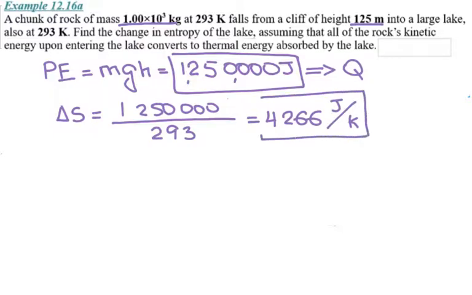So this is by how much the entropy of the lake is going to increase. It also shows how even simple mechanical processes can bring about an increase in the universe's entropy.